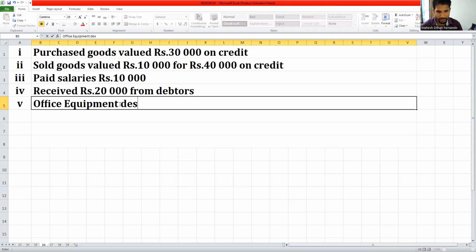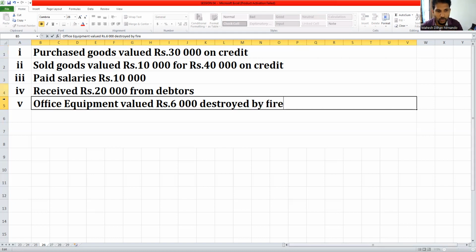Office equipment value rupees 6,000 destroyed, by fire or by anything. Office equipment value rupees 60,000 destroyed by fire. In this particular lesson, you can get different types of transactions and different types of questions.